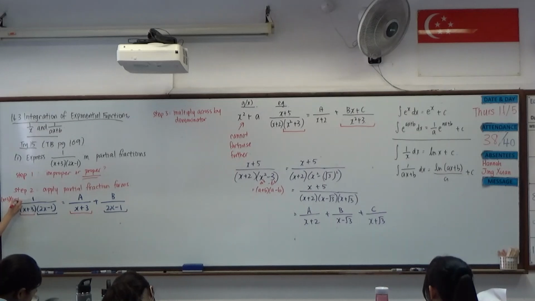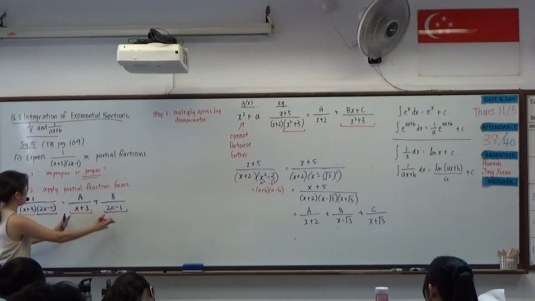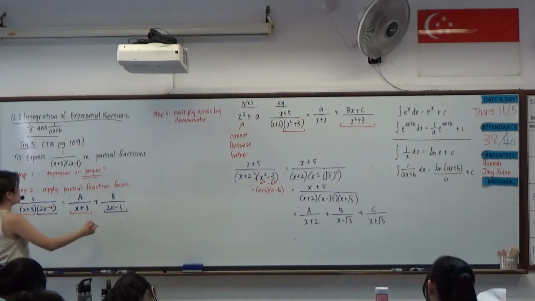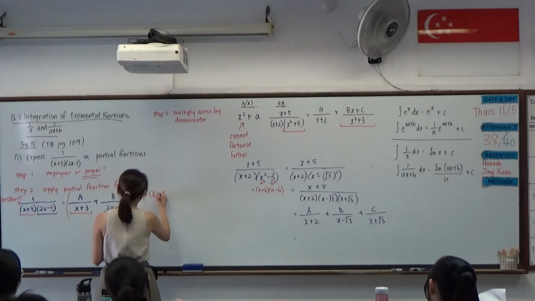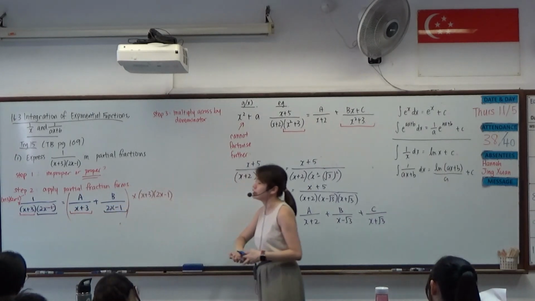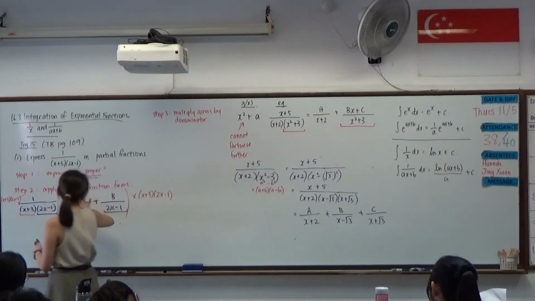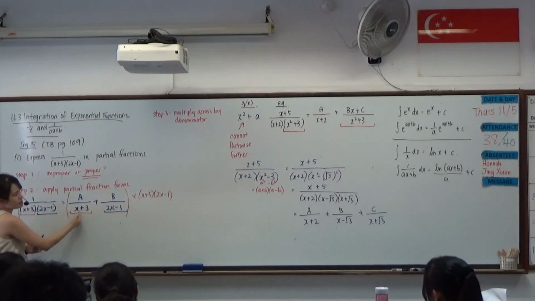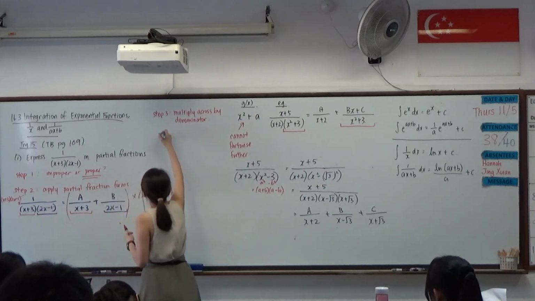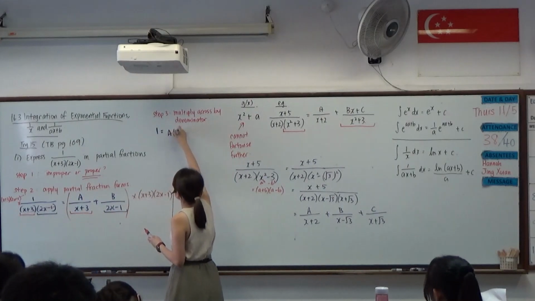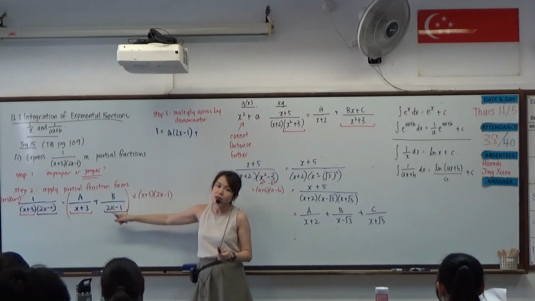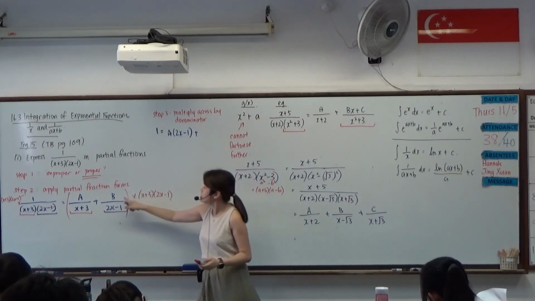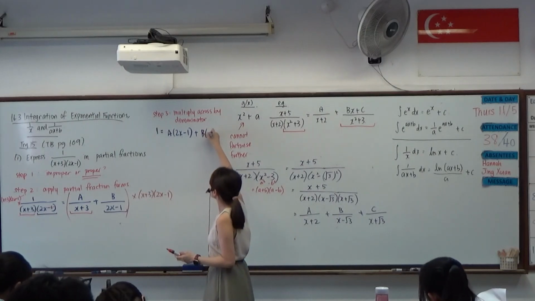On the right, every single fraction I multiply by this same thing also. For this fraction, the x + 3 cancels out, so I will get A times (2x − 1). For the second fraction, the 2x − 1 cancels out, so I will get B times (x + 3).